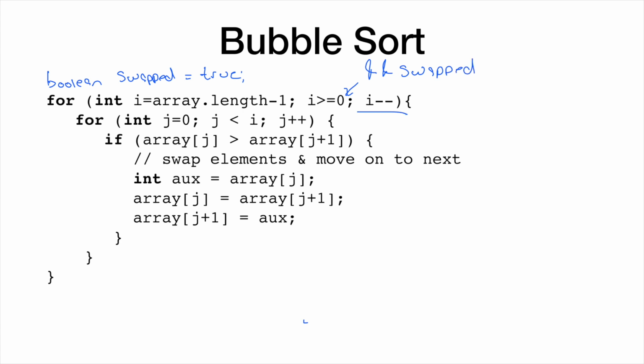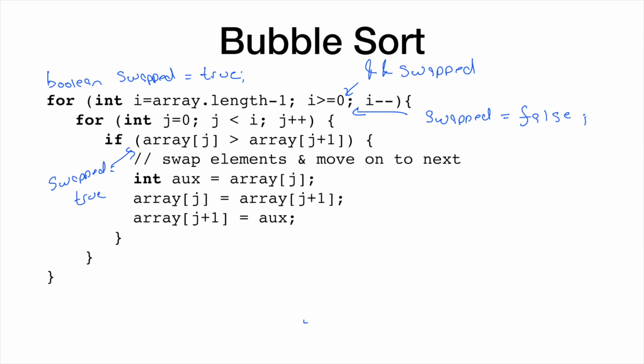And then in here, we're going to insert swapped equals false. And in here, we add a swapped equals true.